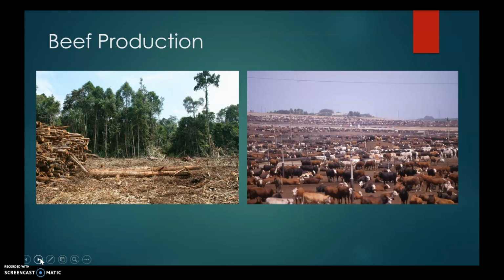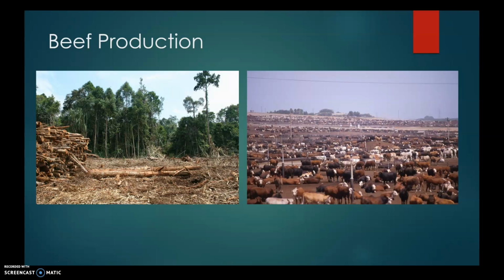Individuals that eat a high red meat or beef-filled diet actually contribute more to their carbon footprint. And the reason for this is that our beef production in the United States and throughout the world is done in what we call CAFOs, or large concentrated animal feed operations.